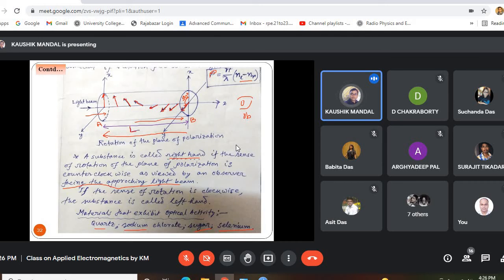Due to the optical activity, it completely depends on the direction of propagation. Correct? It completely depends on the direction of propagation and the length in the corresponding material. So for this type of wave propagation, if we consider the reflection and it is reflected back to the starting point, then in that case the total rotation will be 0.